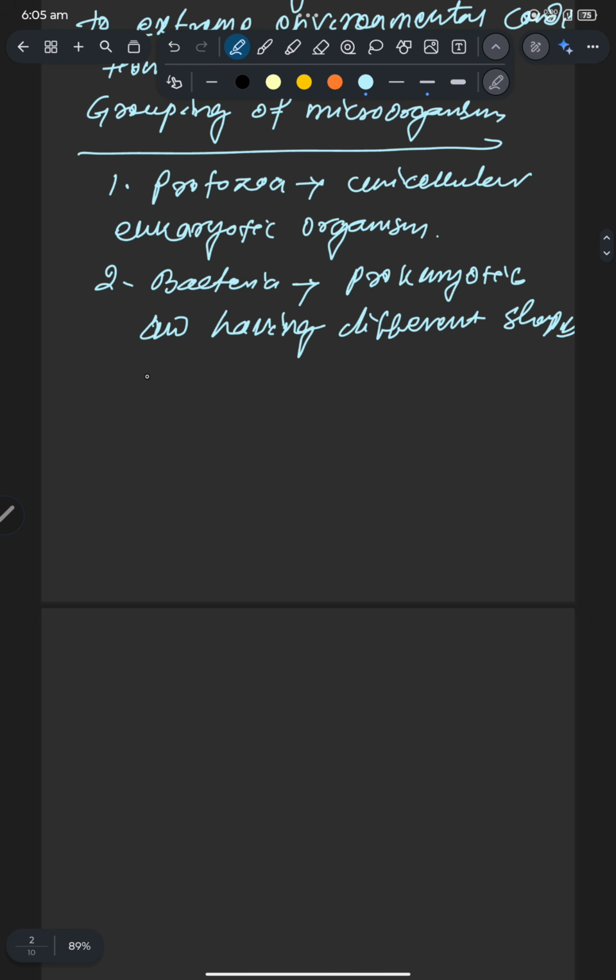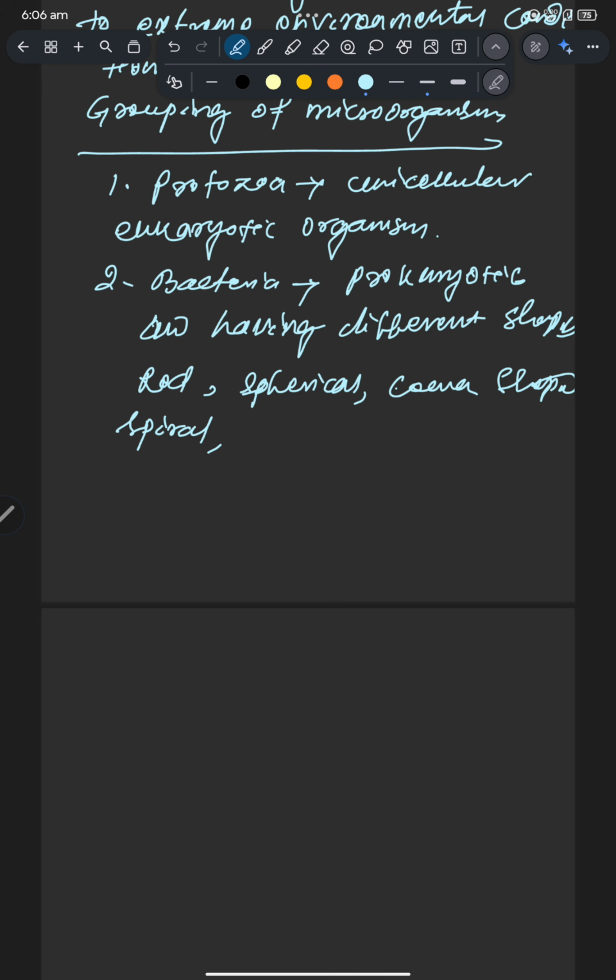What are those shapes? They may be rod shaped, spherical, comma shaped, or spiral. So they may be of different shapes.